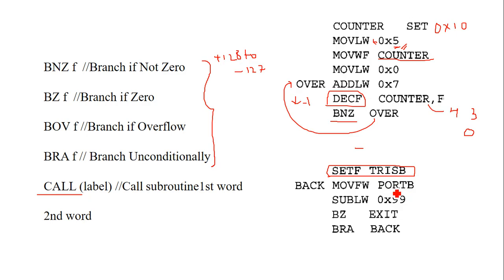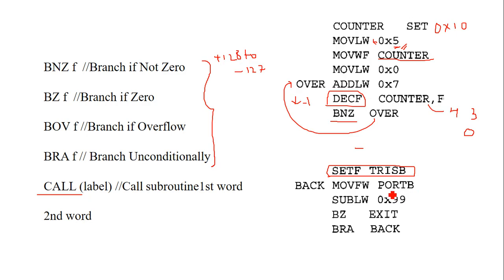So here with SETF, you are giving a condition; there are 2 instructions, clear and set. Clear means sending 0 and set means sending 1. That means you are assigning this port as an input port. Then MOVWF, so that the port realizes that it is input.